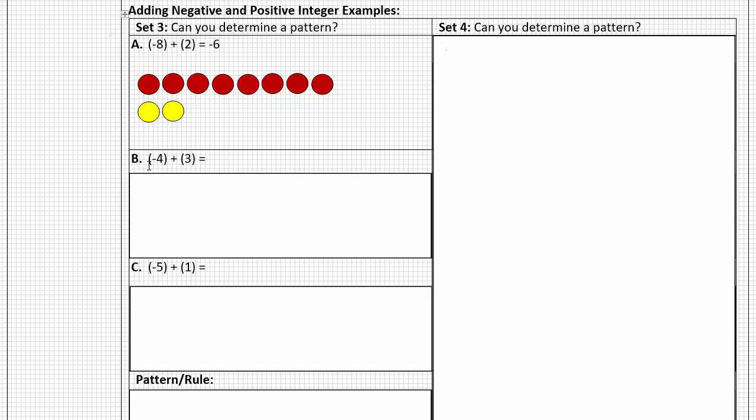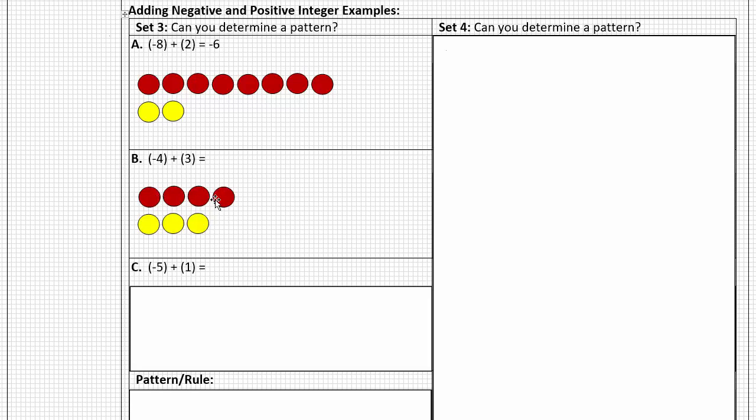For letter B, negative 4 plus 3 would start with negative 4 chips and then 3 positive chips. We'll notice that there are 3 zero pairs that cancel out, leaving us with just 1 negative. So negative 4 plus 3 is negative 1.